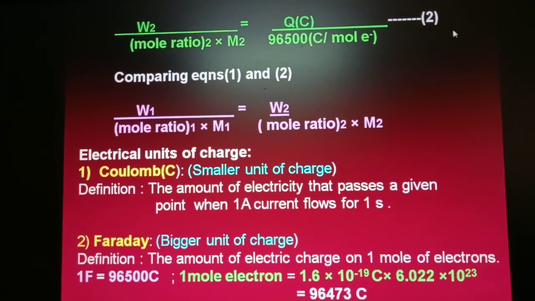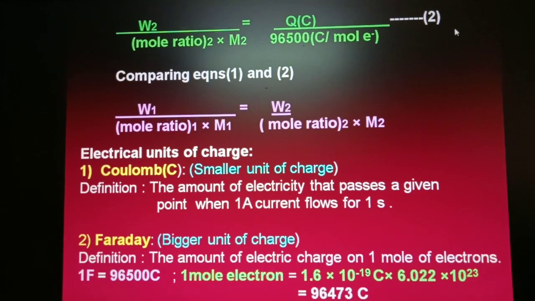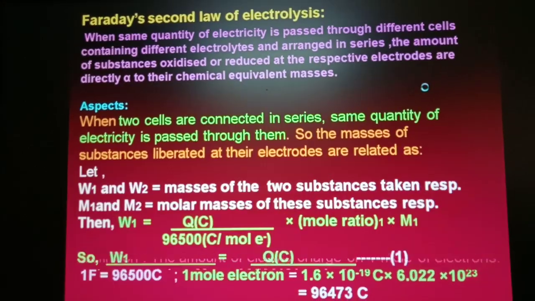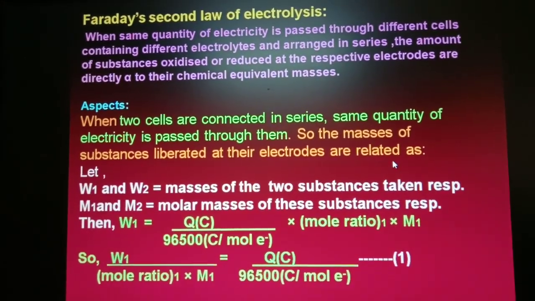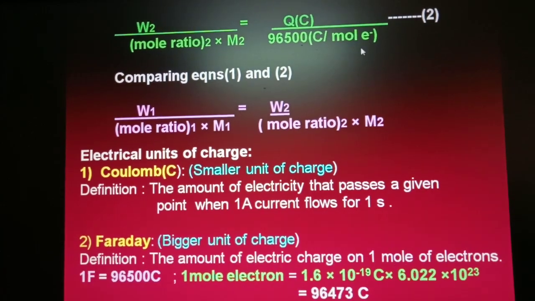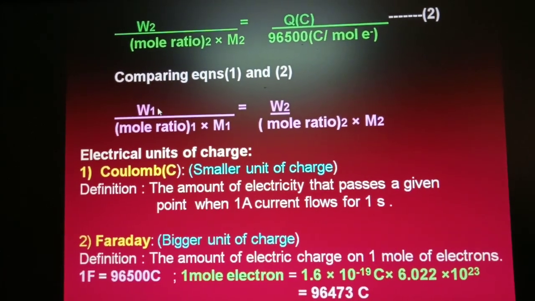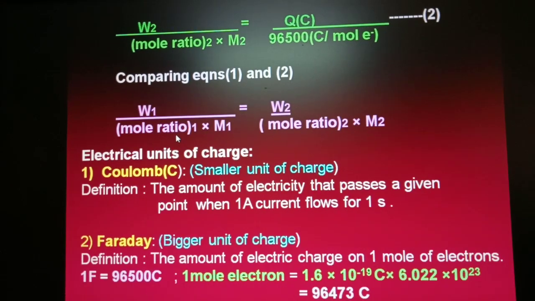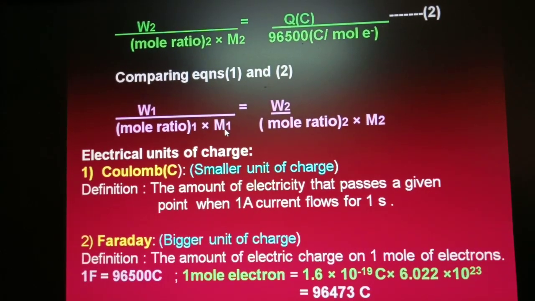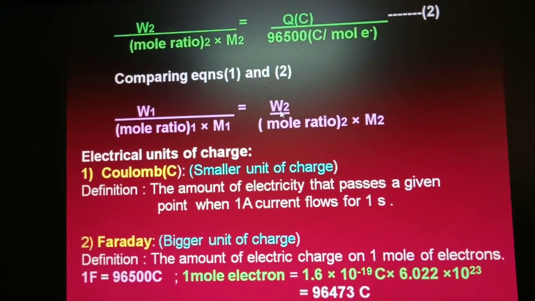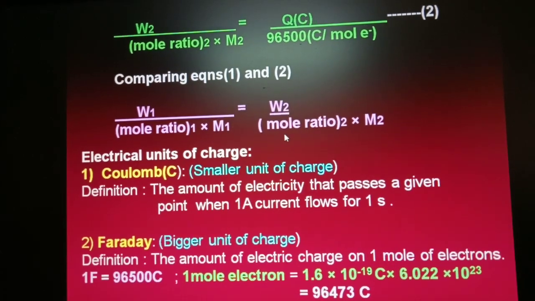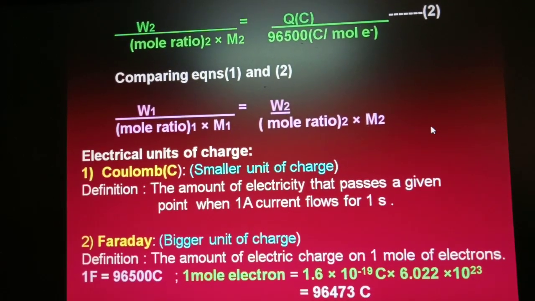Let us call this equation number 1. Similarly, for the second substance, W2 upon (mole ratio 2 into M2) equals Q upon 96,500. Let us call this equation number 2. Now comparing equation 1 and equation 2, we get W1 upon (mole ratio 1 into M1) equal to W2 upon (mole ratio 2 into M2).